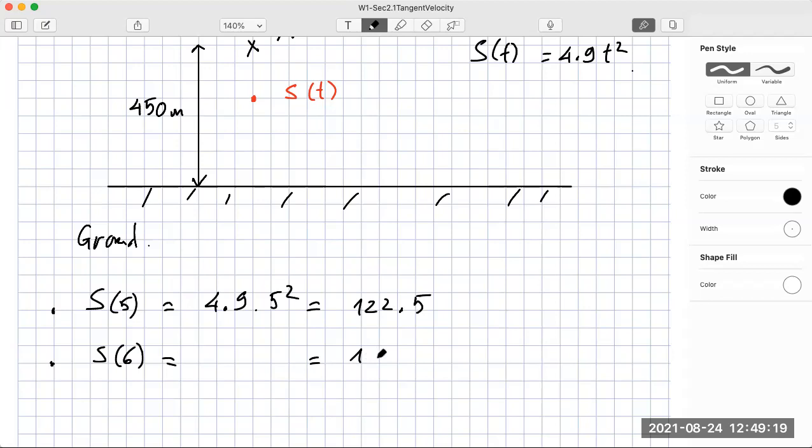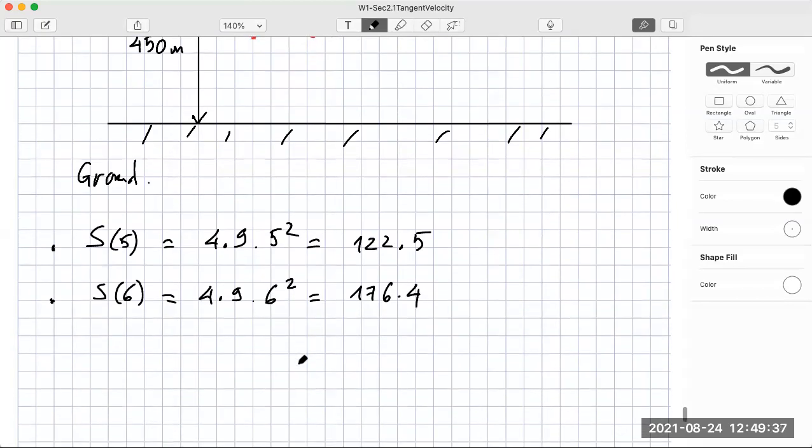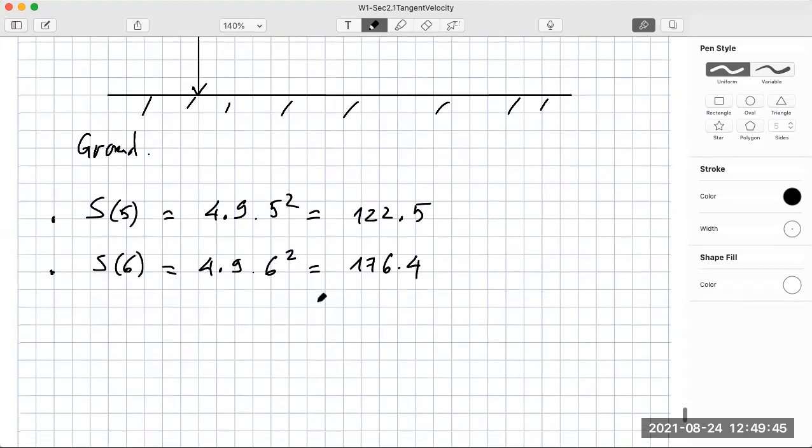Very good. According to the formula here, the time t is 6, then we have this one. So now the velocity from t equal to 5 to t equal to 6, right? What is it? We use the same phenomena.